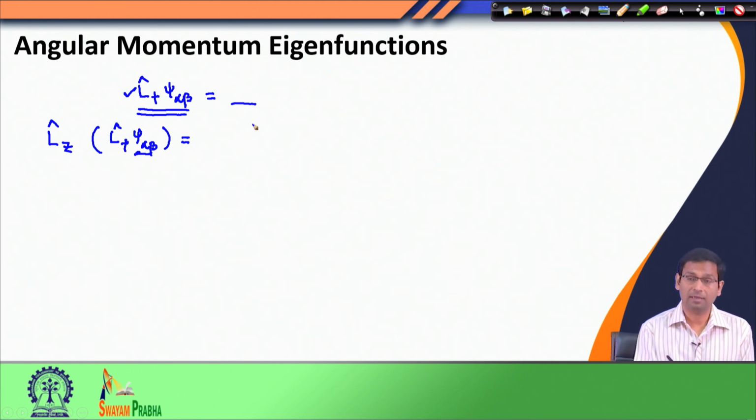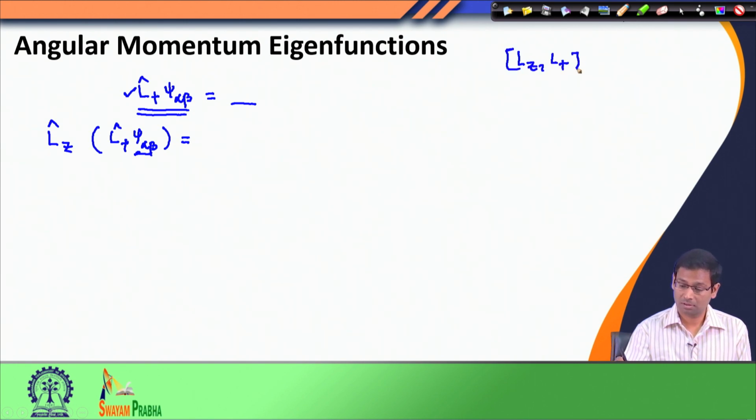I know from my previous class that Lz and L plus do not commute; rather, the commutator between Lz and L plus is h bar L plus. So, Lz L plus minus L plus Lz will be h bar L plus.